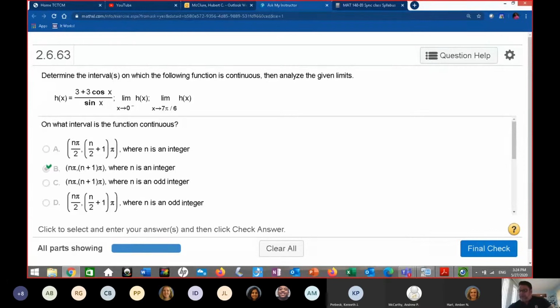All right. So graph it. H of x is equal to 3 plus 3 cosine of x over sine of x. And when you do that, you're going to get that.